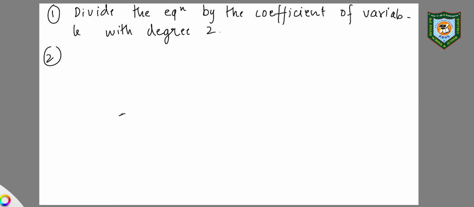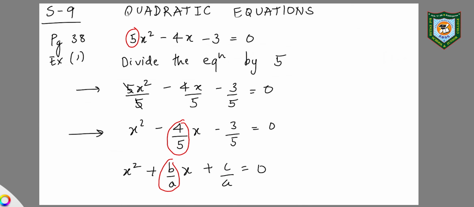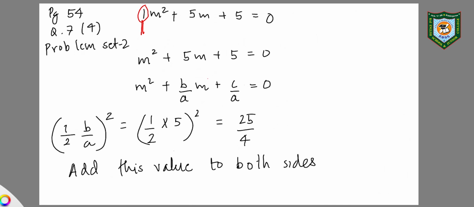As we can see in the question, we divided the whole equation by this value 1 over here, and in our first question we divided by this value 5 here. This value is the coefficient of the term x square and 1 for m square respectively.